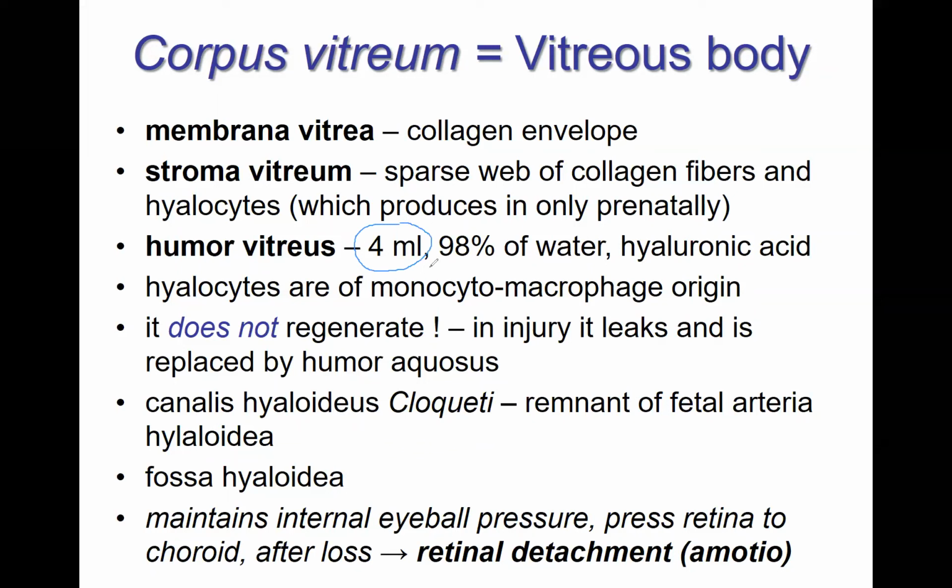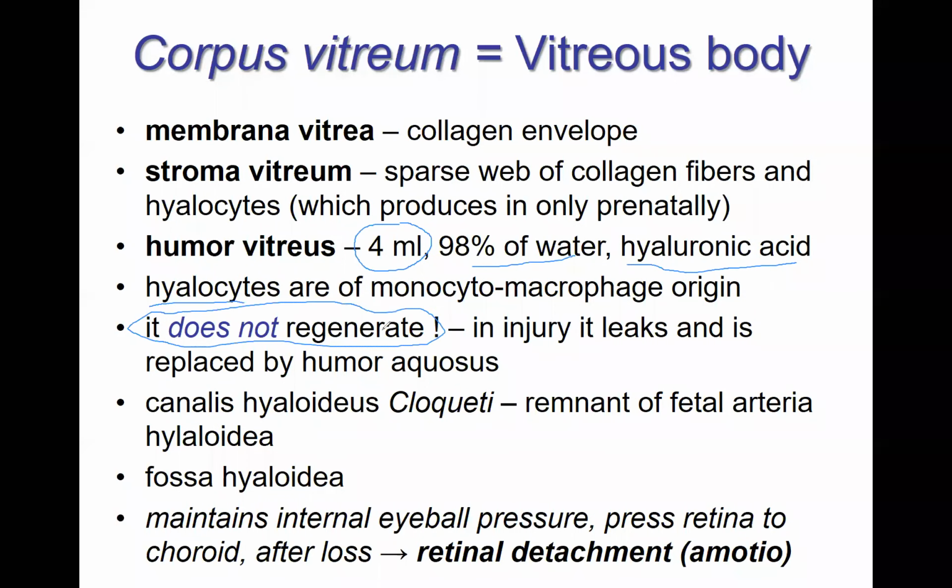So it's 10 times more than the volume of humor aquosus. It's mainly composed of water, but not only water, there's a hyaluronic acid, that's why it's a jelly. Yeah? It's produced by cells, hyalocytes, only during prenatal time. Yeah, so it does not regenerate, very important.